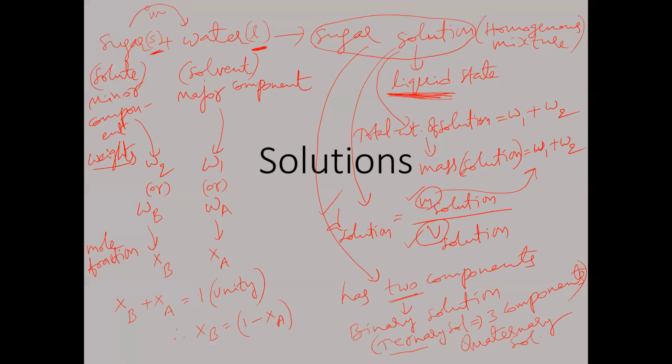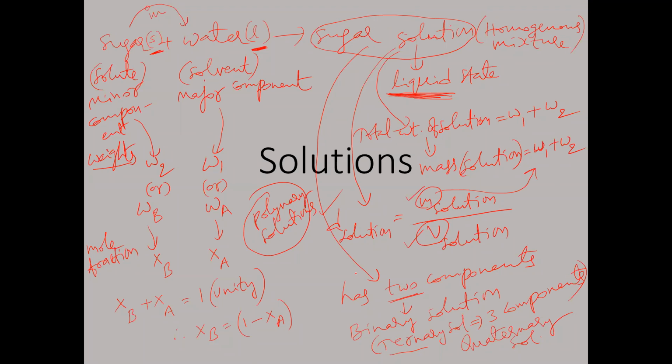Pentanary, penta means 5, so a pentanary solution contains 5 components. Ternary, quaternary, pentanary, all these together are called polynary solutions. Polynary solutions contain more than 2 components.